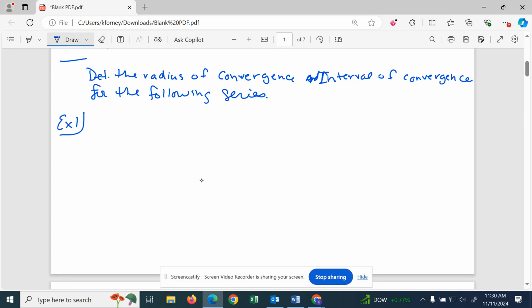So let's look at example 1. We have the sum from n equals 1 to infinity of -1 to the n times n over 4 to the nth power, multiplied by x plus 3 to the nth. We know that this power series will converge when x is equal to what?